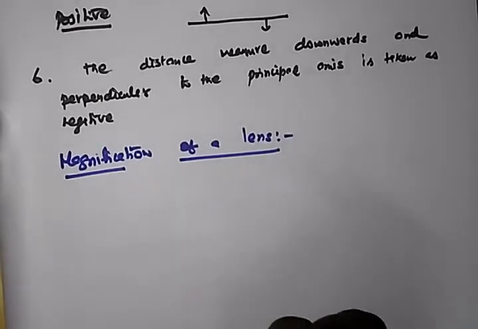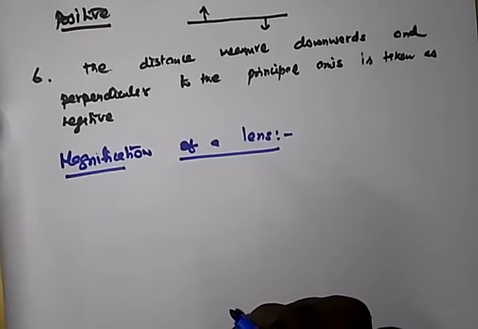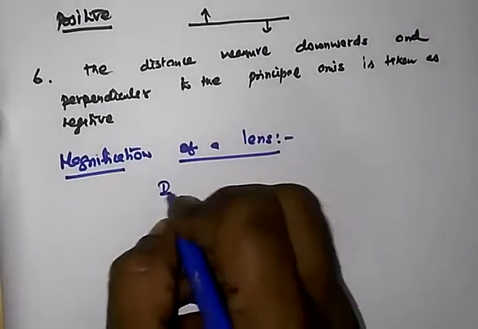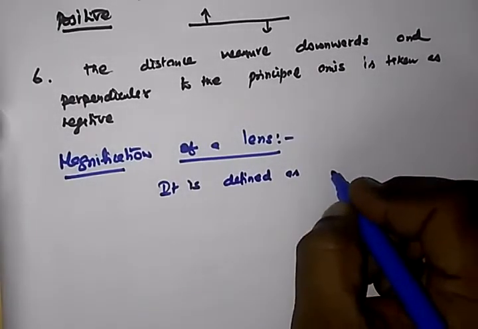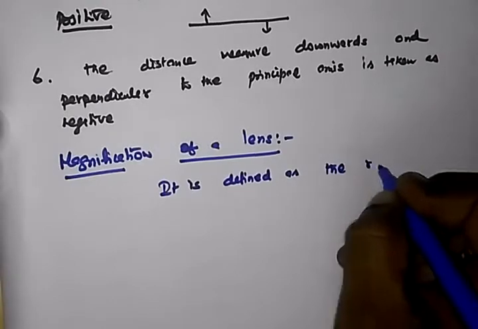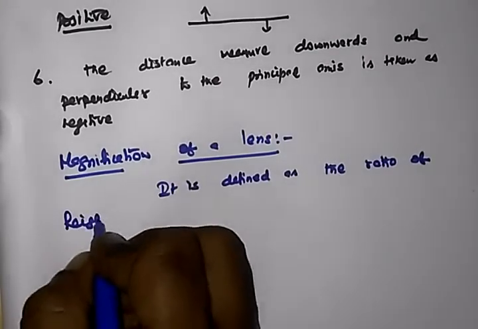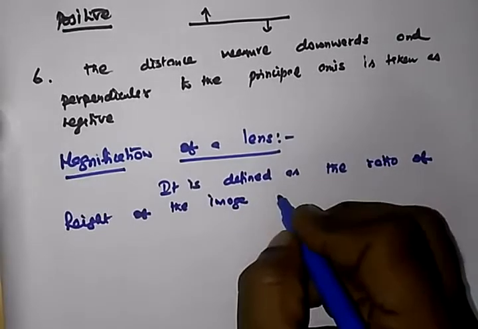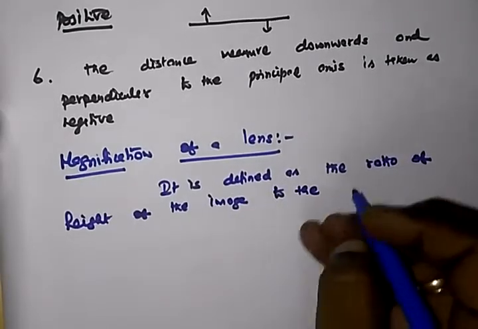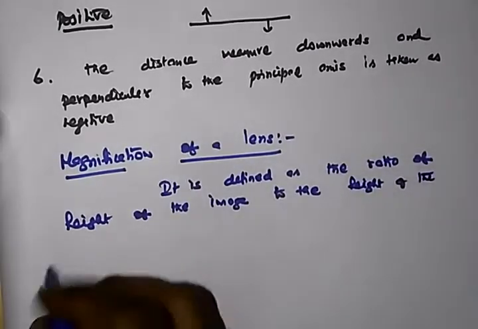A spherical lens produces magnification, and it is defined as the ratio of height of the image to the height of the object.